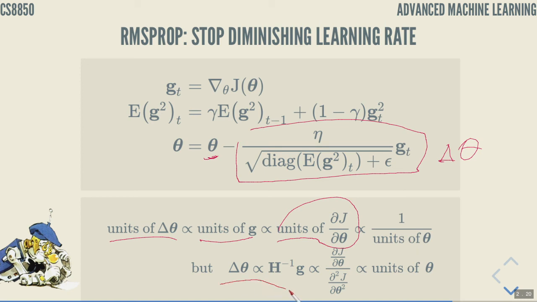But if we look at the proper second order methods with the inverse of the Hessian, we see that the units of delta theta are exactly units of theta, which is nicer.